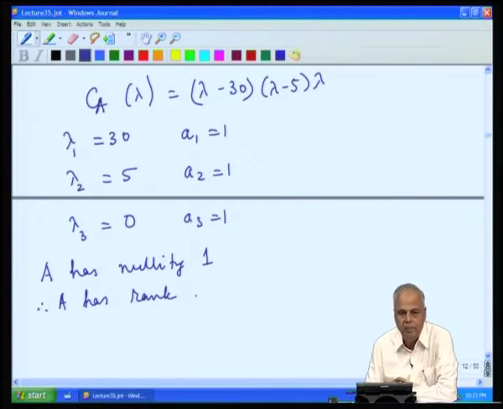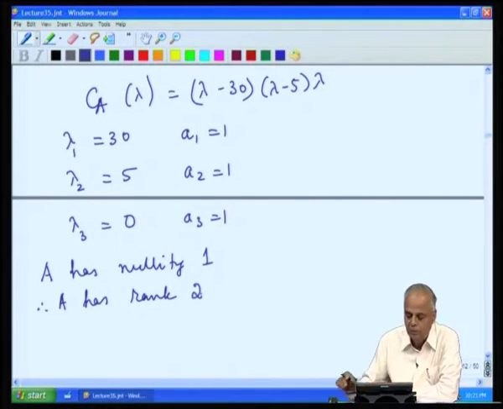The matrix is 3 by 3, nullity is 1. So, the rank is 3 minus 1, which is 2.